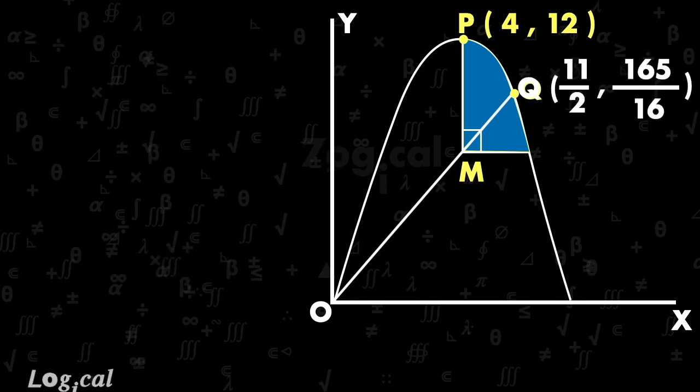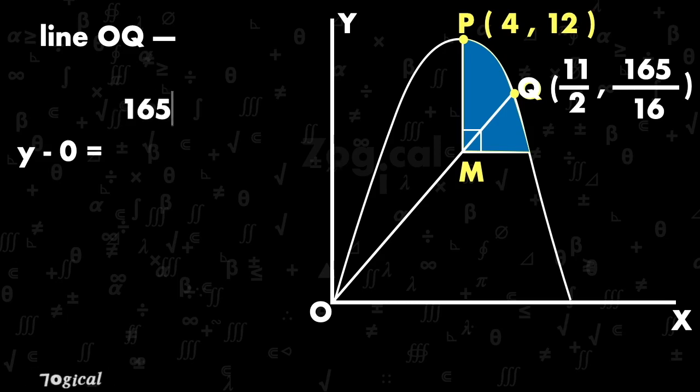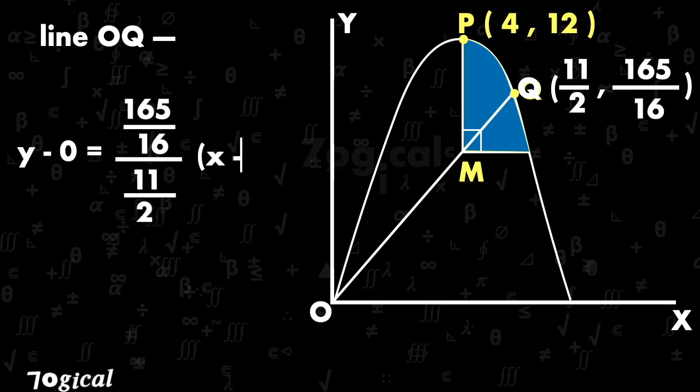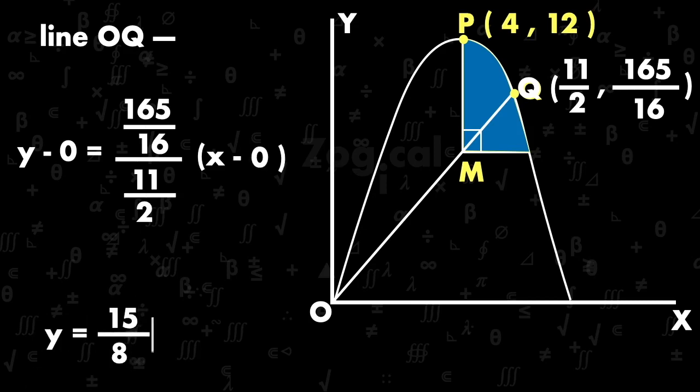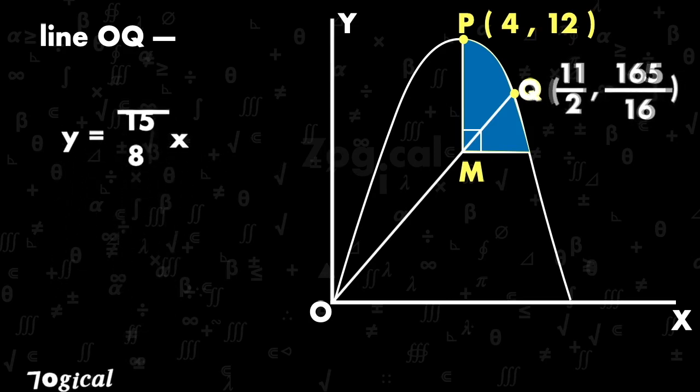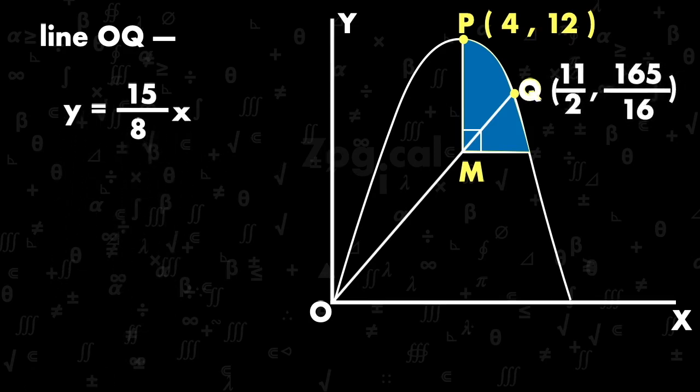Now here OQ is a straight line, O is the origin and Q is 11 by 2 comma 165 upon 16. From the equation of line OQ, y minus 0 is equal to 165 upon 16 divided by 11 upon 2 into x minus 0. Then y is equal to 15 upon 8 into x.